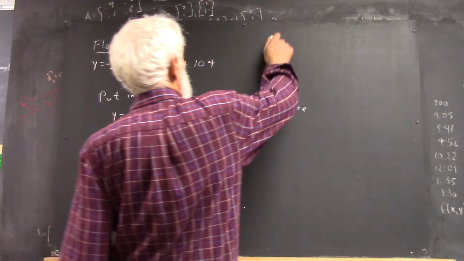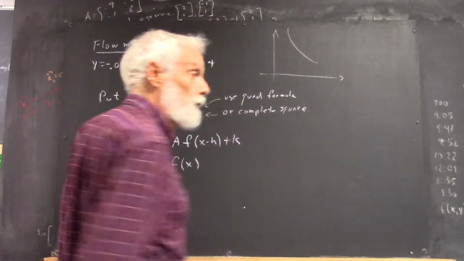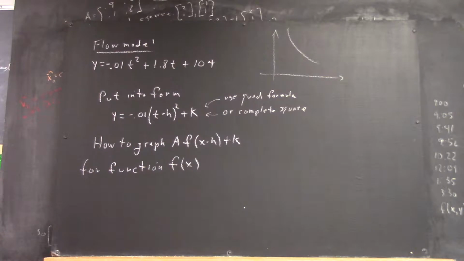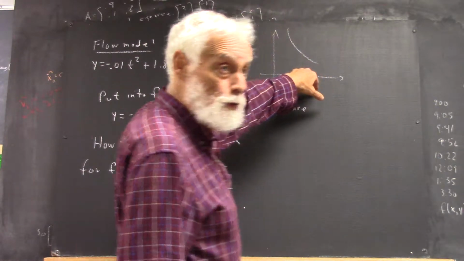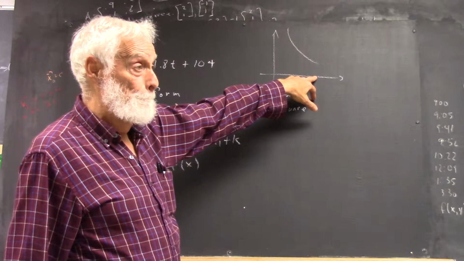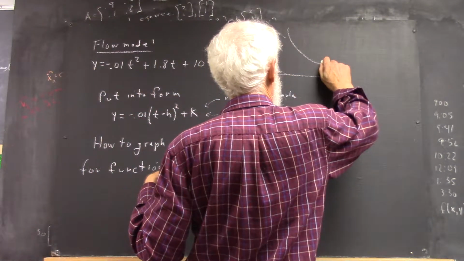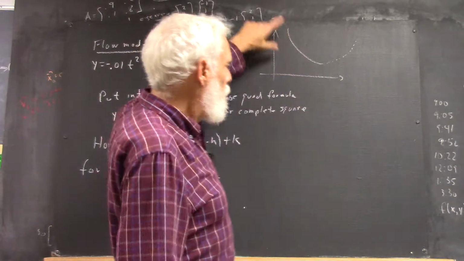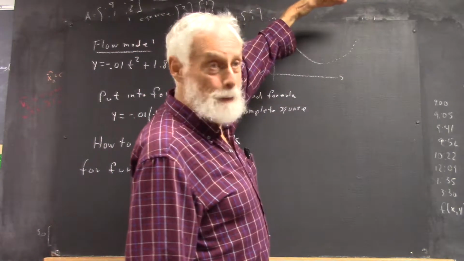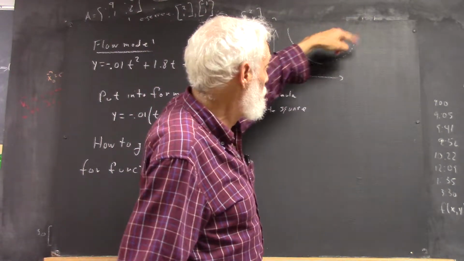Now we know that your graphs almost all look something like this, don't they? Well, that's part of a parabola, or it should be if we got accurate data, or it's very close to being part of a parabola. And the parabola is going to bottom out. And even though the water doesn't rise back up in the container after it flows out, the rest of the parabola would continue.